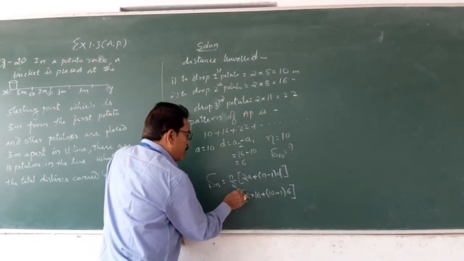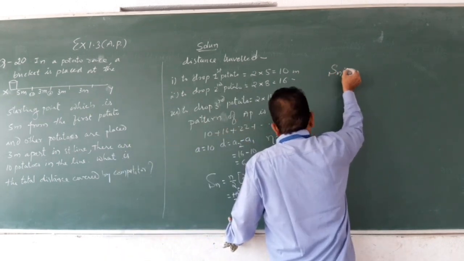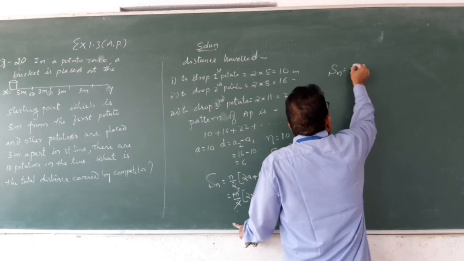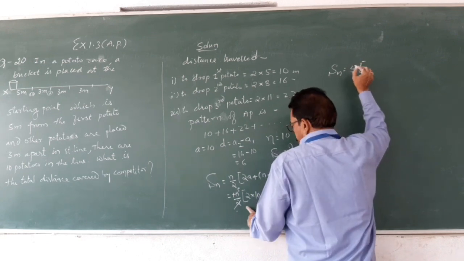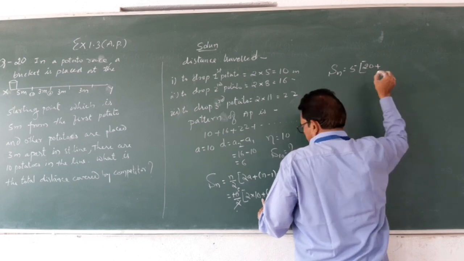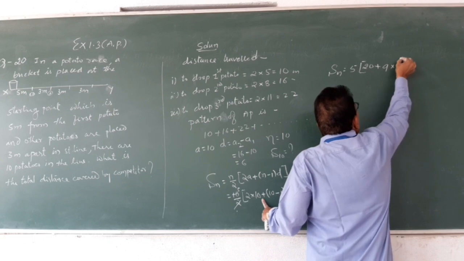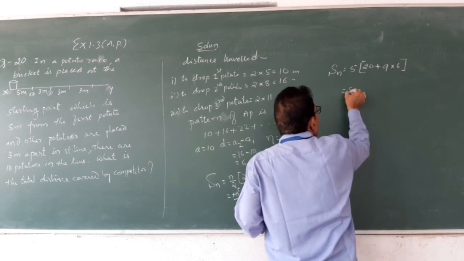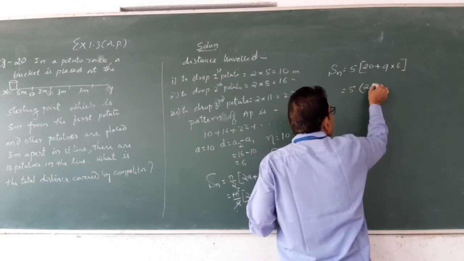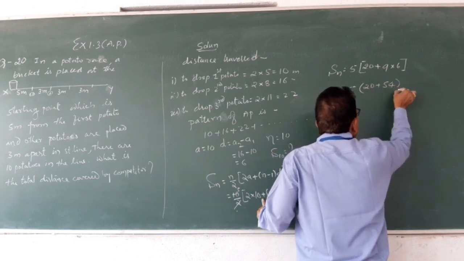2 ones are 2, 5 ones are 5. So S_n equals 5 in the big bracket, 2 tens are 20, plus (10 minus 1), 9 into 6. So 5 in the big bracket, 20 plus 54.